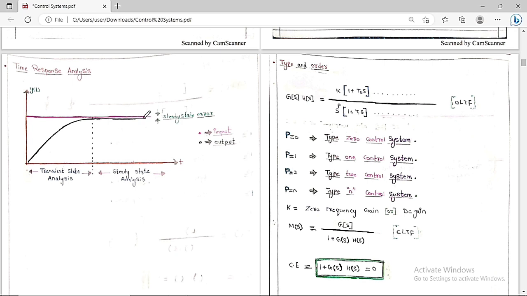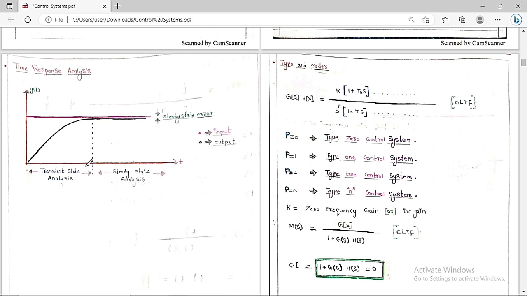So there is some steady state error between the actual output and the desired output. This part is called the transient state and this part is called the steady state.